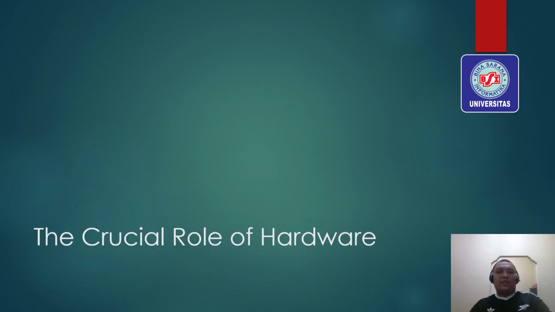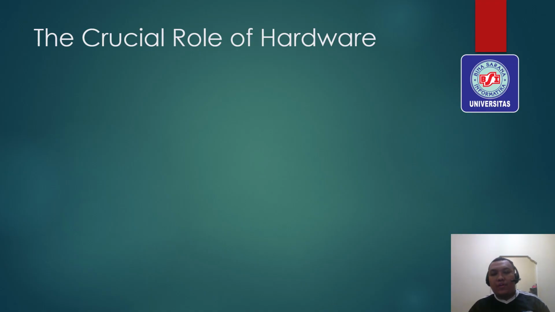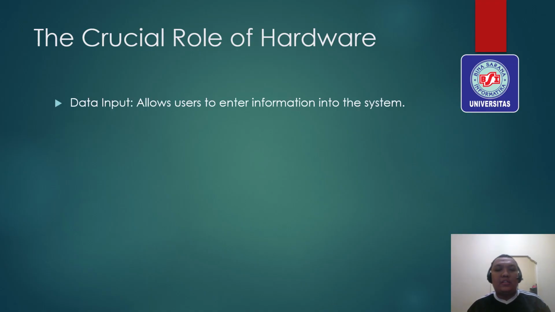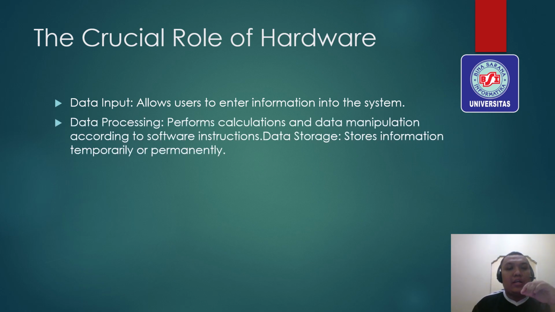Next is the crucial role of hardware. First, data input, because it allows the user to enter information into the system. Second, data processing, performing calculation and data manipulation according to software instructions. Third, storage, which stores information temporarily or permanently.